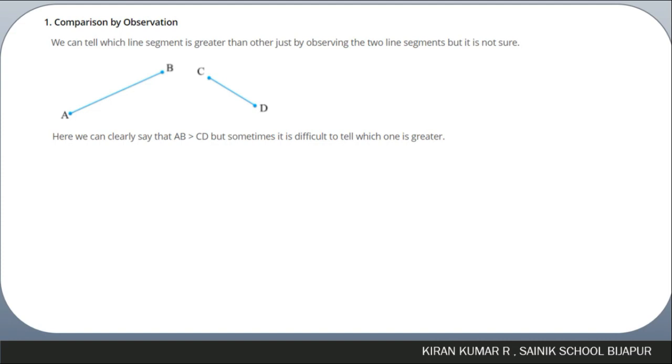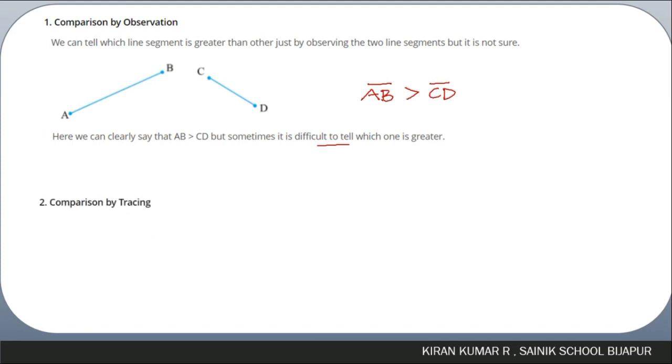But sometimes it is difficult to tell which one is greater. Actually, we represent this as line segment AB greater than line segment CD. But every time it is very difficult to tell which one is greater just by observation. Then the second method is followed.